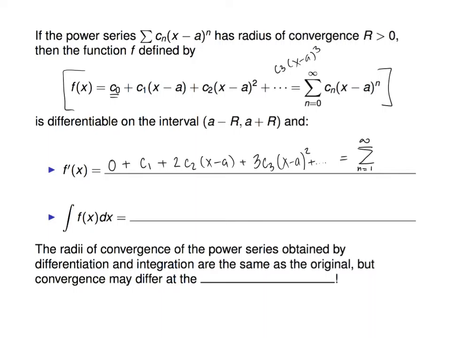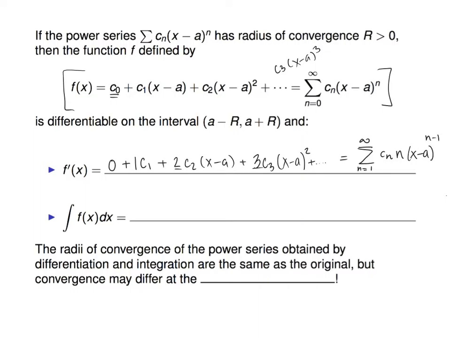So C1 for the first term, C2 for the second, C3 for the third, right? So you have the Cn. And then there's really one C1 there, 2C2 there. What does that become when you put it in the summation notation? It becomes an n, right? Like a regular old n. And what's the new power on x minus a?